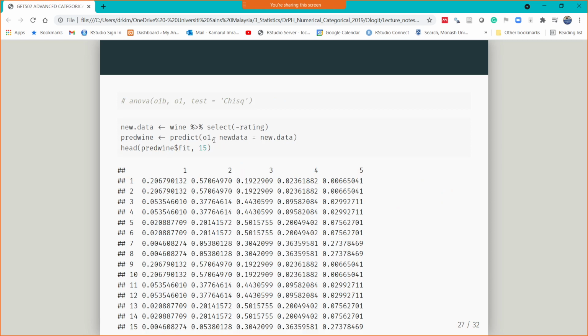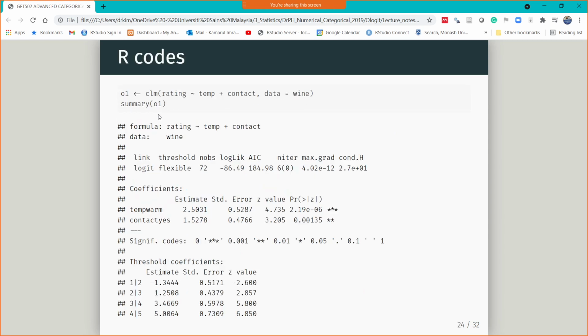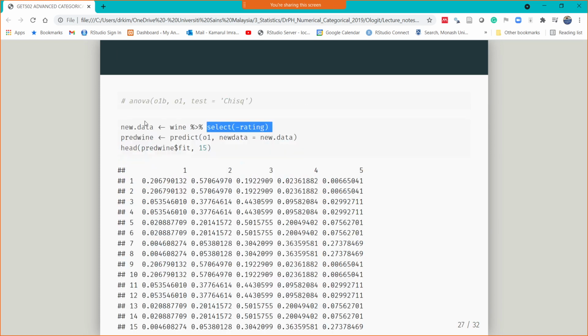This is when we do prediction. So I predict. I need to first remove rating, because the rating in the dataset is not required for prediction. And then I predict using the O1 model, this one, on the new data.